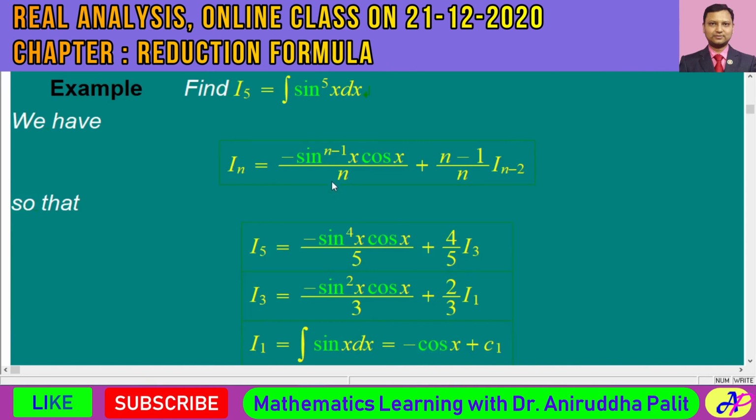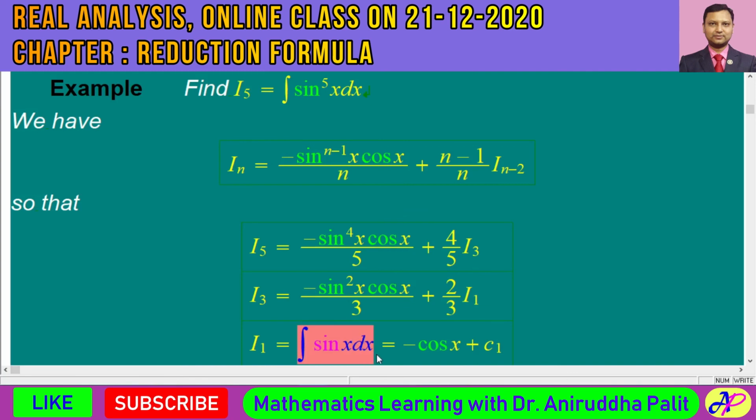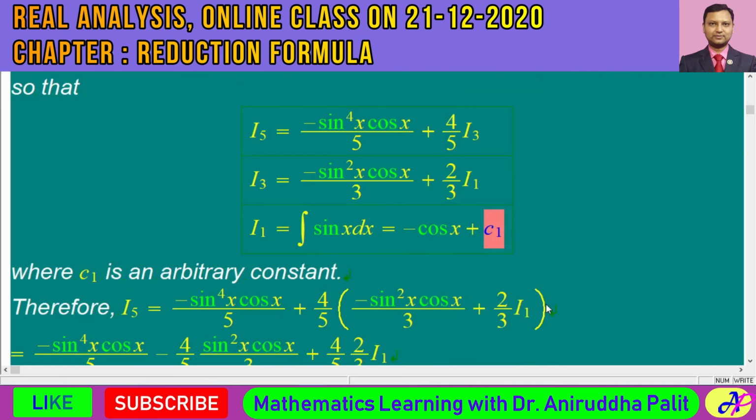And one example has been studied over here. As I told you earlier, I5 is written in terms of I3, and then I3 is written in terms of I1, and I1 is now directly integrated, and finally we'll get a constant of integration C1. Got it?